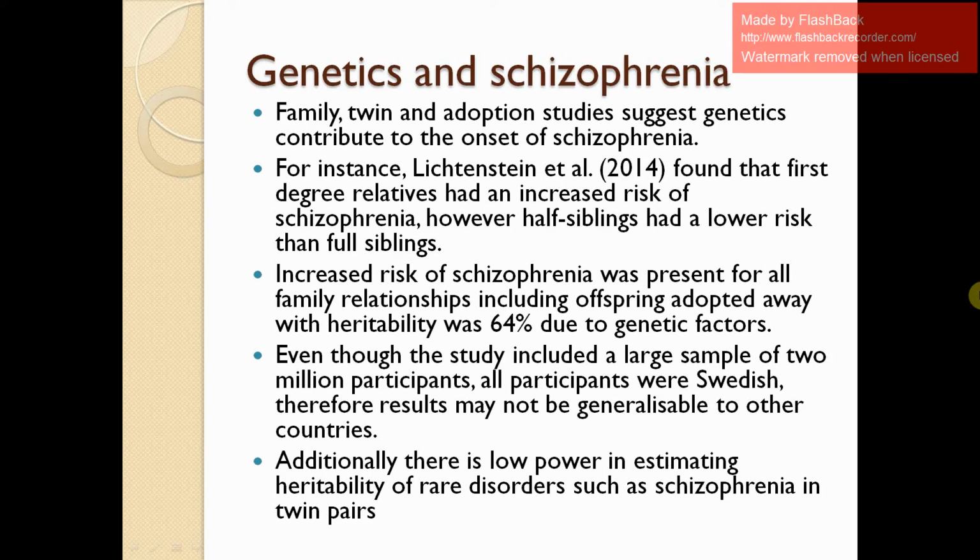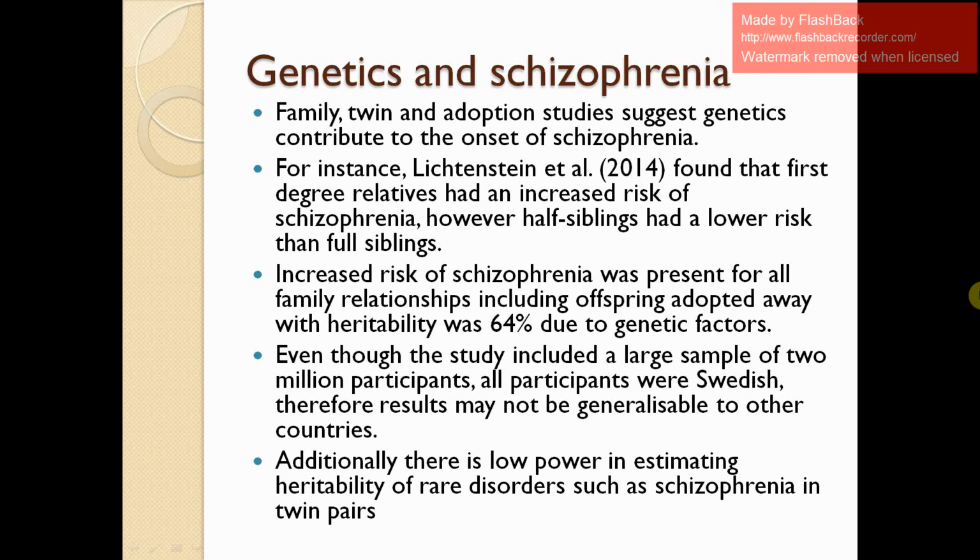Genetics and schizophrenia. So family, twin, and adoption studies suggest genetics contribute to the onset of schizophrenia. For instance, Lichtenstein et al. 2014 found that first-degree relatives had an increased risk of schizophrenia. However, half-siblings had a lower risk than full siblings.